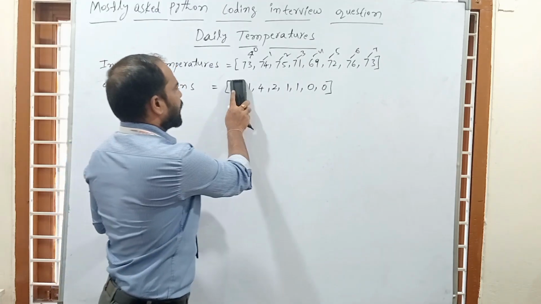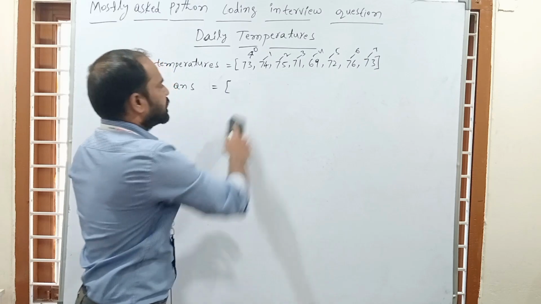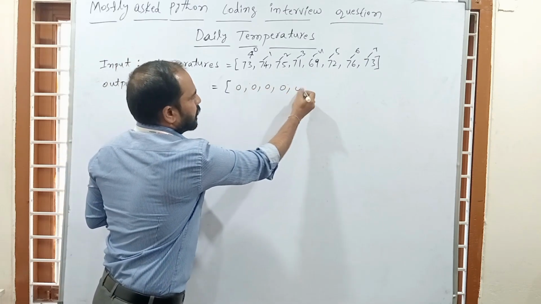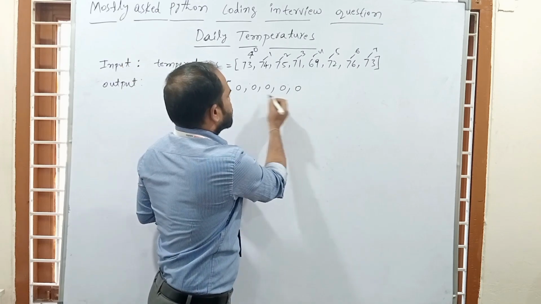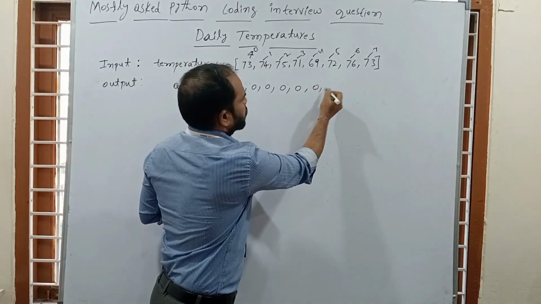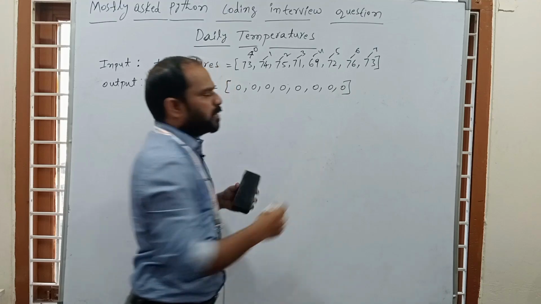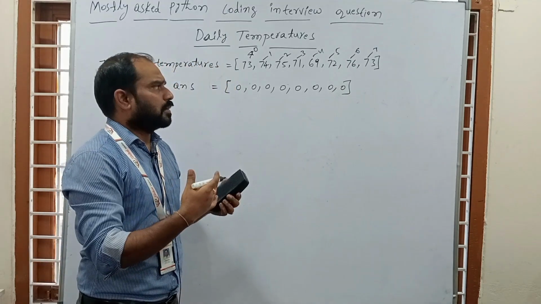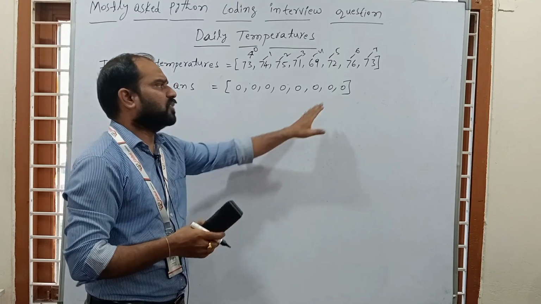Now create an array with the same size as the input. So now create an array with 8 elements. Because if you don't have any greater, meaning highest, temperatures, then the default will be 0.